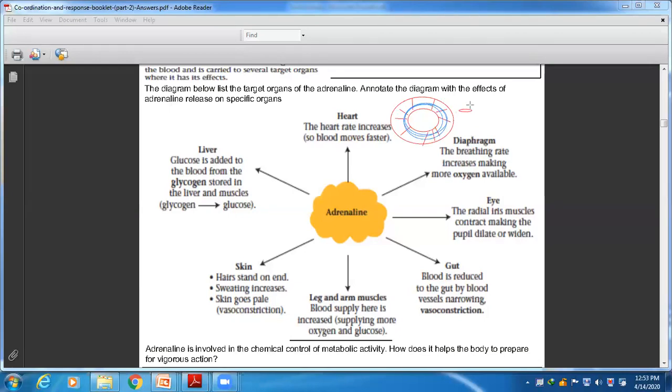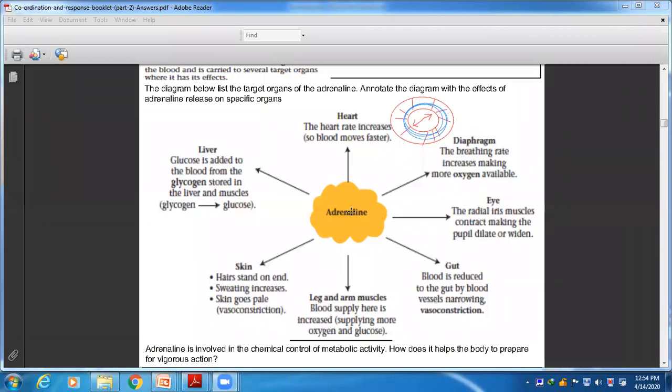As a result, the pupil will become widen. Widen means it will dilate, it will become big. Then you will see the object clearly. So what is the function of adrenaline here? The radial iris muscle contracts, making the pupil dilate or widen. Okay, so this one is clear.